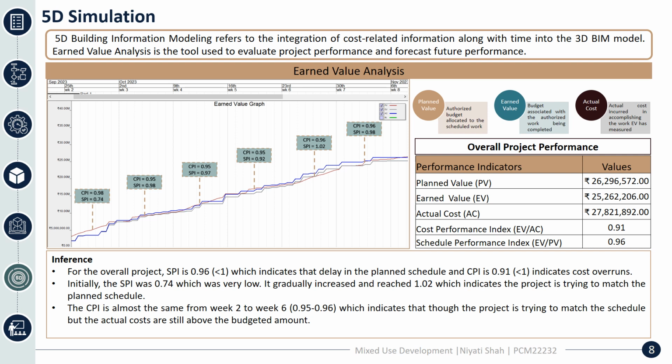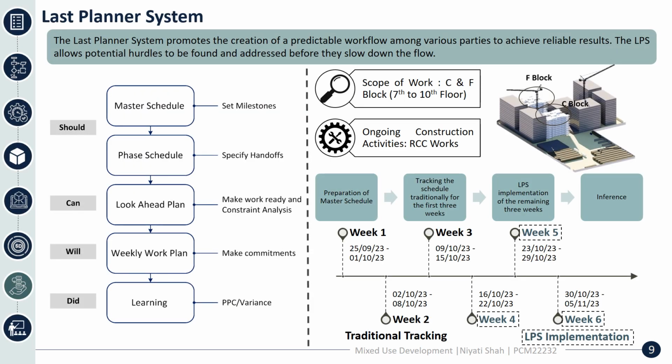But in the same 6 weeks, the CPI is almost the same, which shows that though the project is trying to match the schedule, the actual costs are still above the budgeted ones.